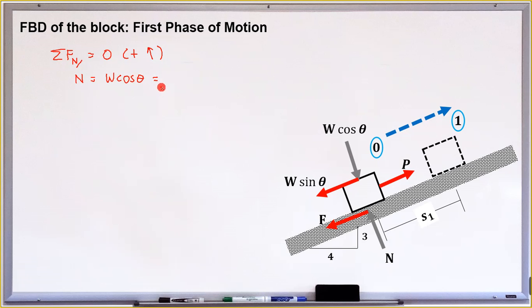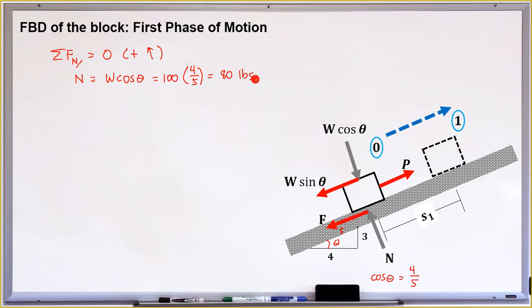The given weight is 100 pounds. So 100, and then for this type of angle representation, this is theta and then this is 5, so our cosine of theta is equal to 4/5. So 100 times 4/5. So that is 20 times 4, so that is 80 pounds.